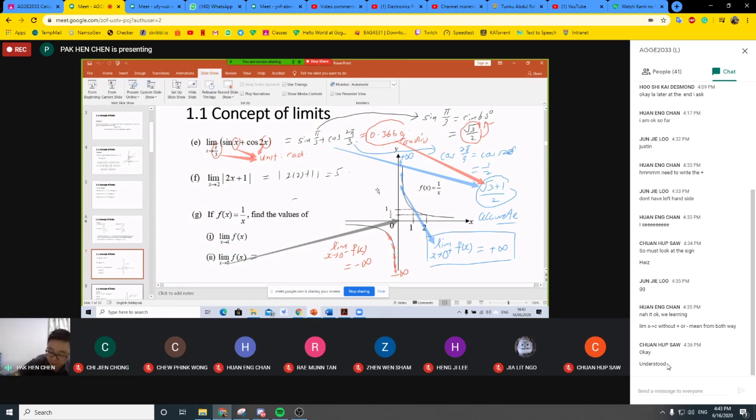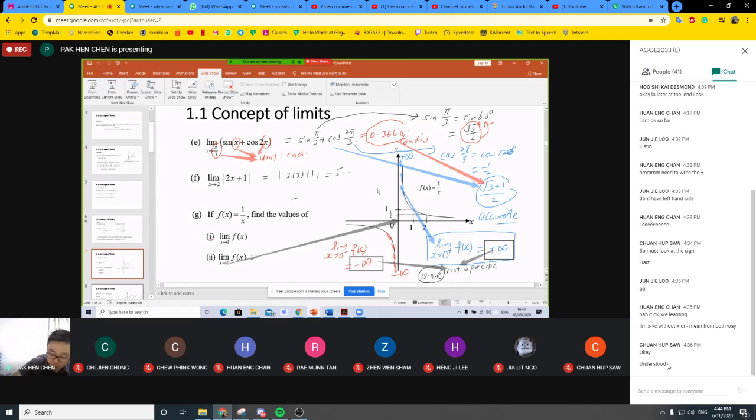Both infinity and negative infinity are not specific values. Since they are not specific values, both are undefined, and therefore we can say both limits do not exist.